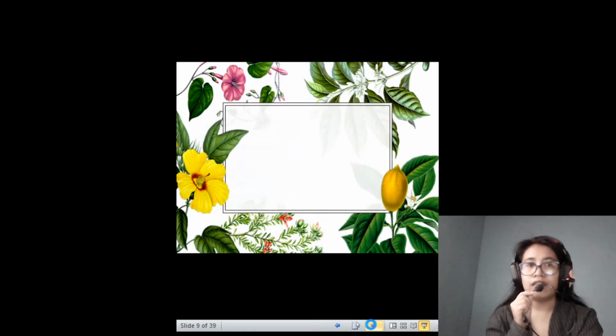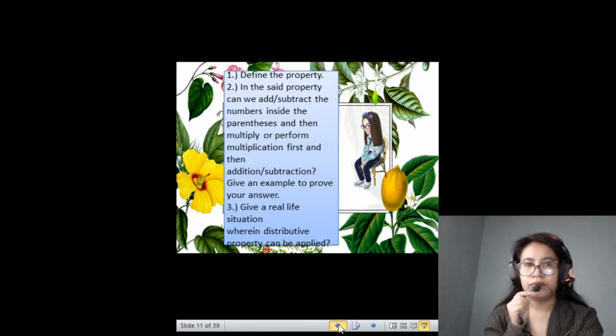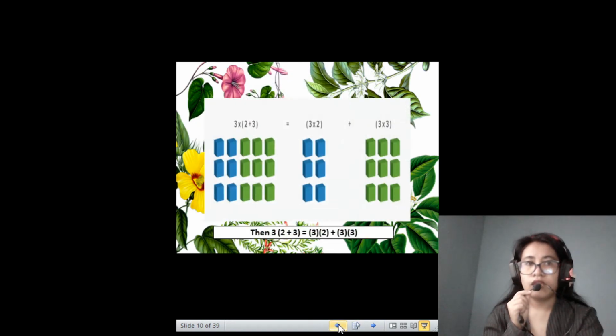We have here another diagram. 3 times quantity 2 plus 3 is also equal to 3 times 2 plus 3 times 3. How? Okay, let us try to explain.